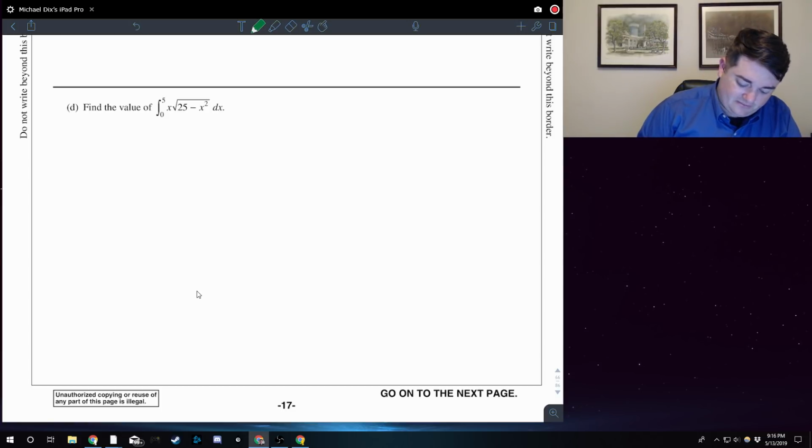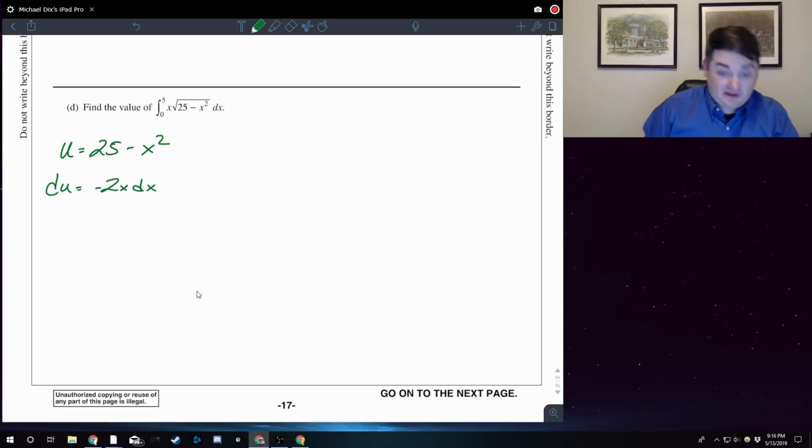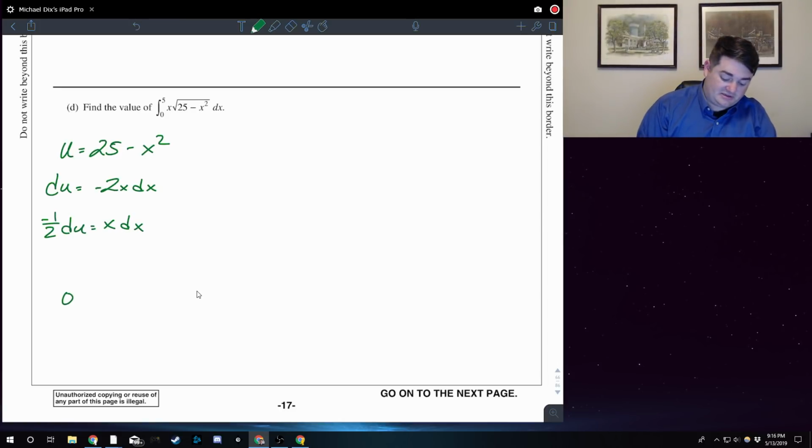So it's a U-sub. How do I know it's a U-sub? I see the 25 minus x squared inside the square root and the x outside, so u equals 25 minus x squared. du equals negative 2x dx. I don't have a negative 2x dx, so negative 1/2 du equals x dx. What else do I have to change? It's a definite integral, so I need to change my bounds, 0 and 5.